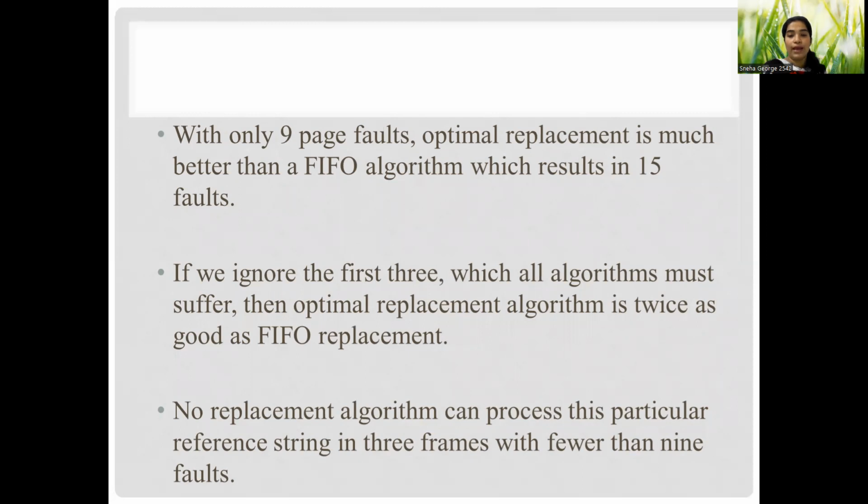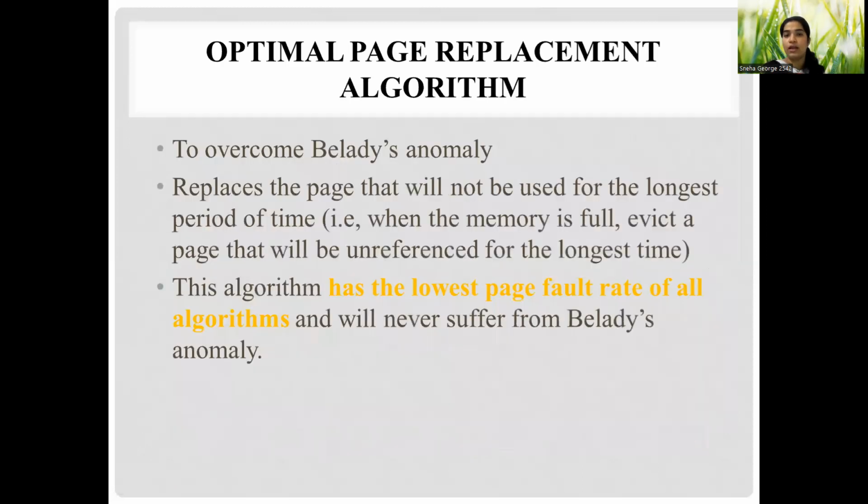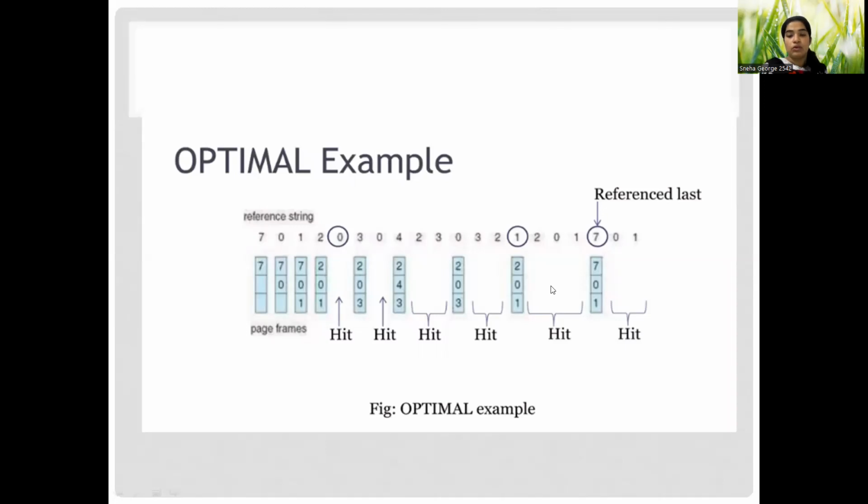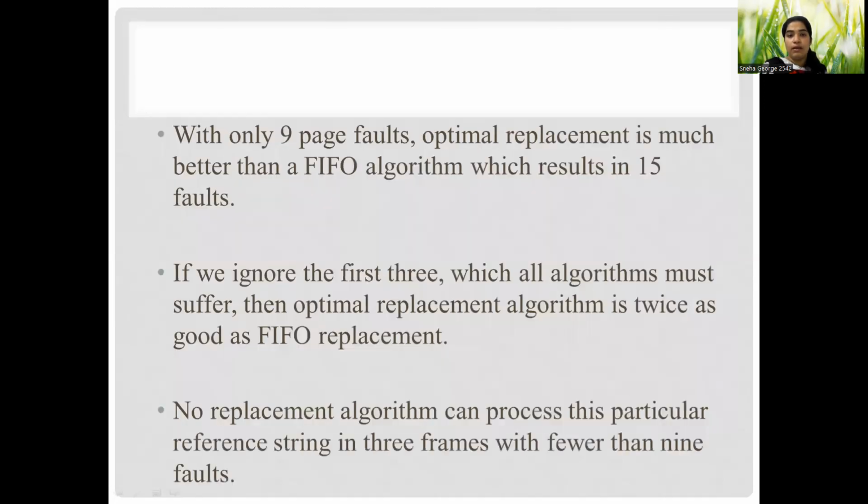And moreover, no replacement algorithm works as well as the optimal replacement algorithm. Optimal page replacement is one of the algorithms which has the lowest page fault rate. So this is how an optimal page replacement algorithm works.